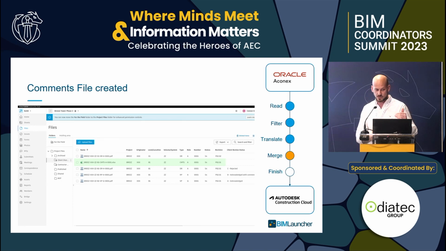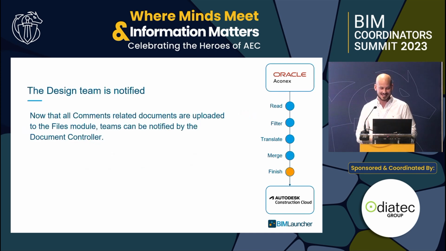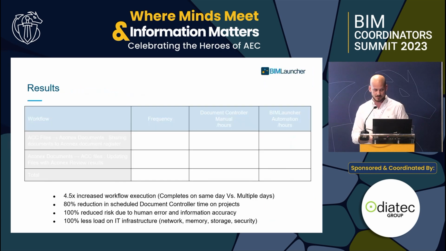That can be opened within the ACC platform by your design teams so they can see the comments that the client has made on a particular document. And then once all that's completed, your document controller can advise your design teams that the review has completed and your design team can essentially take action on their design documents.